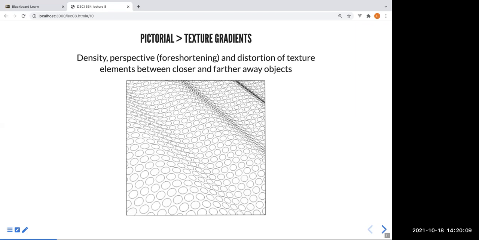And those that are in front of you are going to have a projection that is closer to the actual object that you're trying to see. So here the circle is closer to a real circle as opposed to an ellipse. And so the combination of this foreshortening and also the change in size, because you see that the closer the dots are here, the bigger they are, gives you that illusion.